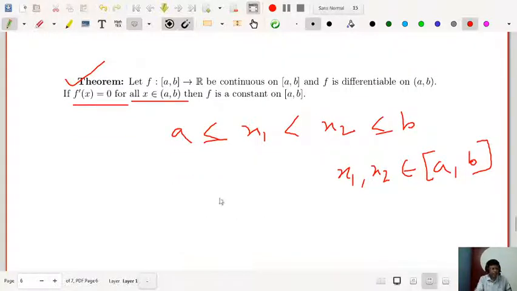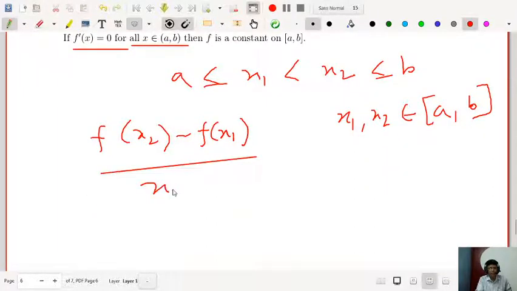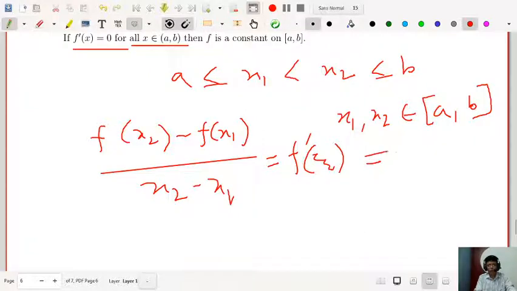Then apply Lagrange's mean value theorem. Taking x2 greater than x1, (f(x2) minus f(x1)) by (x2 minus x1) equals f dash xi, where xi is a point between x1 and x2.